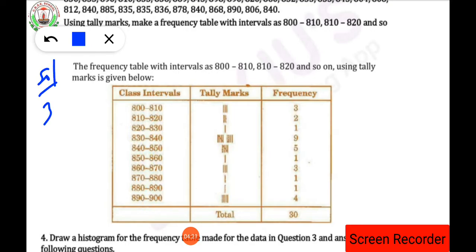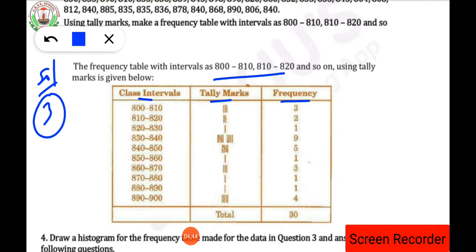Solution for question number 3. Okay, so frequency table with the class interval 800 to 810, 810 to 820 and so on, using the telemark table as given below. So how many columns do you have to make for the telemark, students? 3 columns. First is the class interval, second is the telemark, and third one is the frequency.